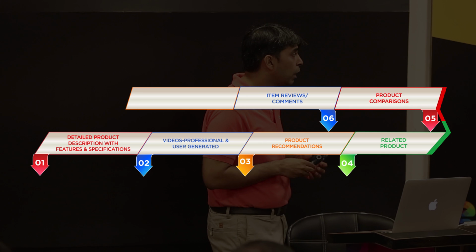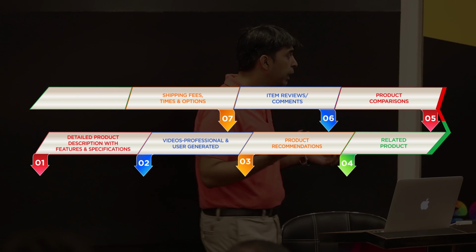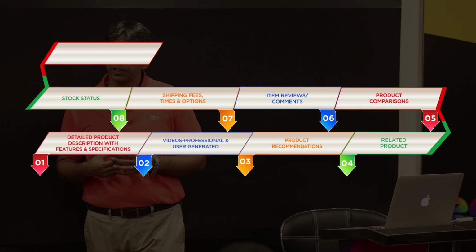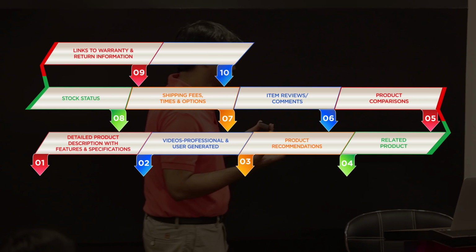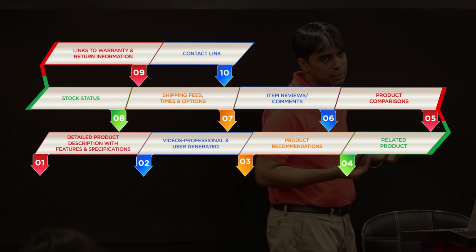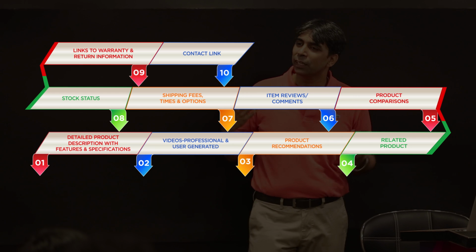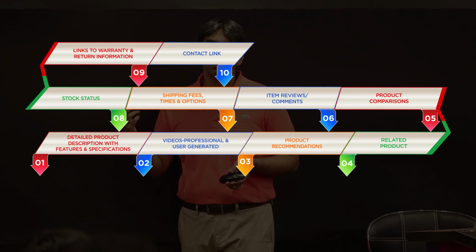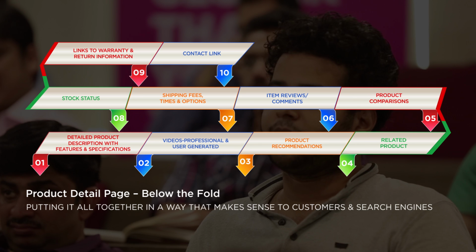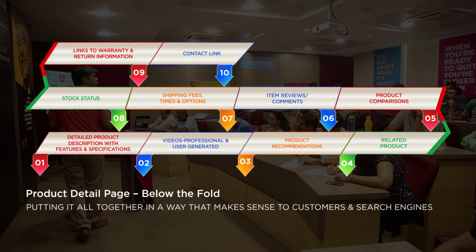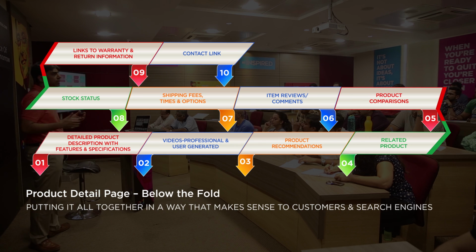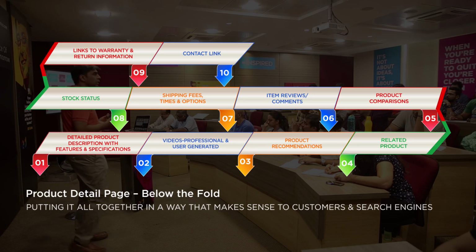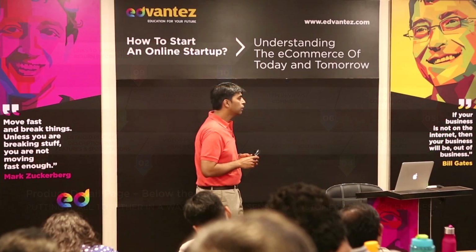Any stock status updates that you want to put, links to warranty and return information, okay? And not lastly, but your contact information as well. Your contact is anyway carried on most of the time in your header. So you can put this below the fold anyway, it doesn't matter because it'll be in the header, it'll be in the footer, one more place you'll have it here, okay?